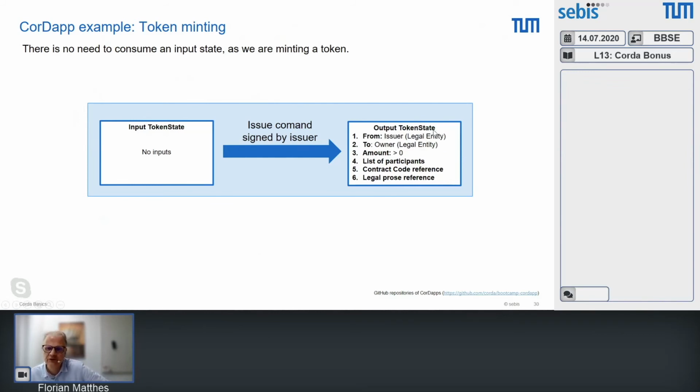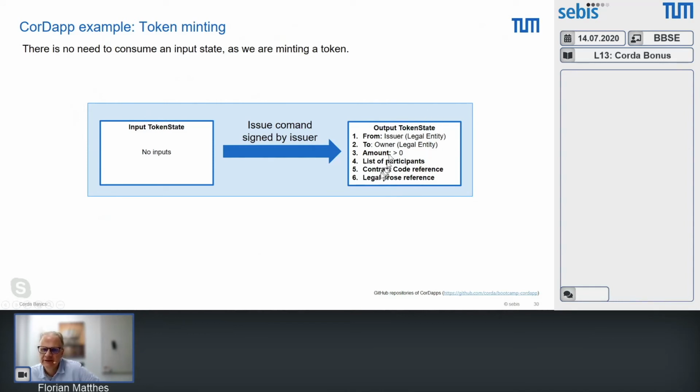It's something like the constructor for a token: one issuer, which is a legal entity, assigned to the owner, which is also a legal entity, a certain amount, which has to be larger than 0. And then there's a list of participants which should be informed about this fact. And there should be some contract code reference which validates or protects this future state, so that if somebody else would work on this future state, this contract code would also protect it.